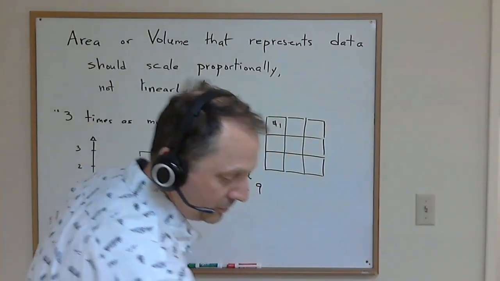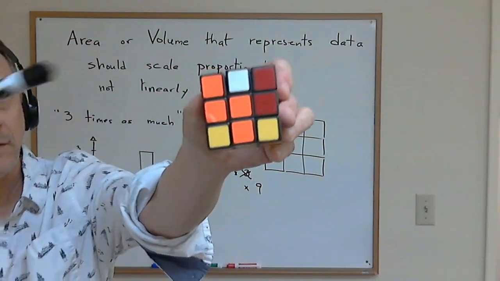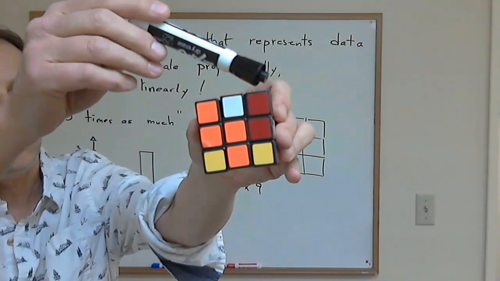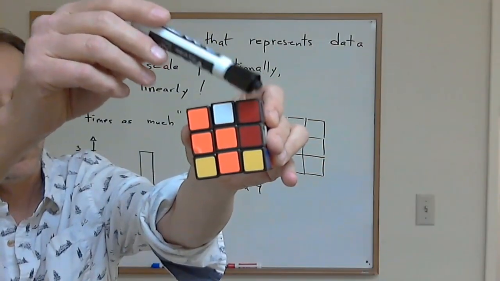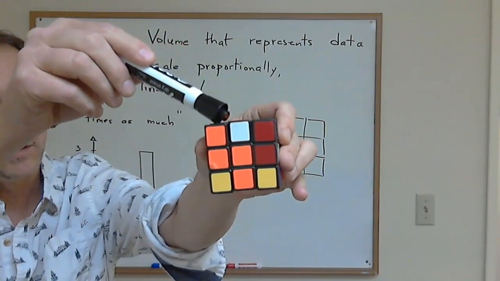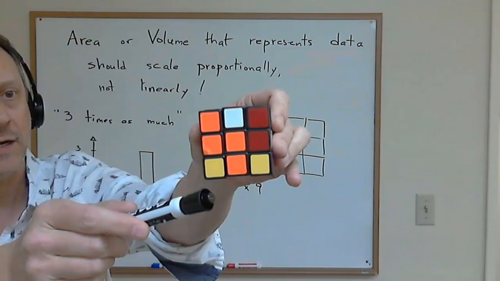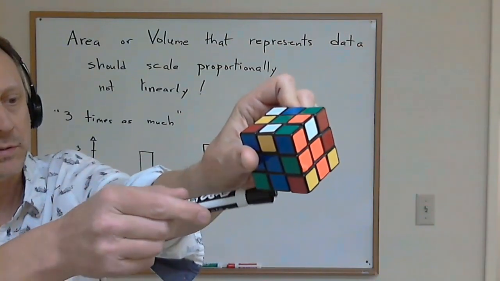Likewise, if we did that with volume, this is the best example I can think of here. If we take a little cube, like this corner cube up here, you can see that the whole Rubik's Cube is 3 times as wide as that little cube, but it's also 3 times as high, and it's also 3 times as deep.